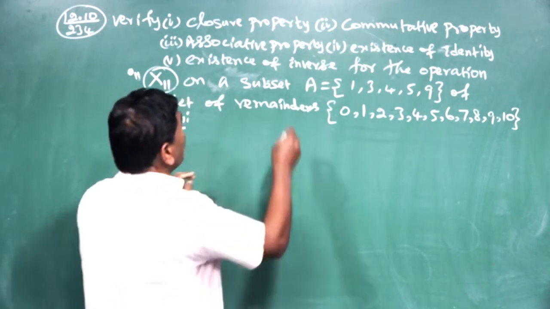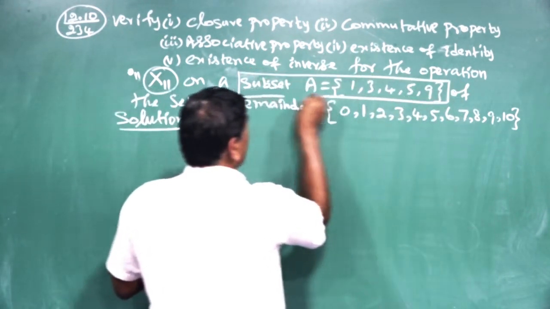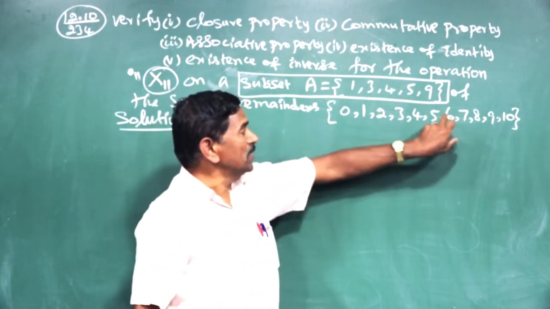Here they told us the subset A, not the remainder set 0 to 10, so don't take that set.